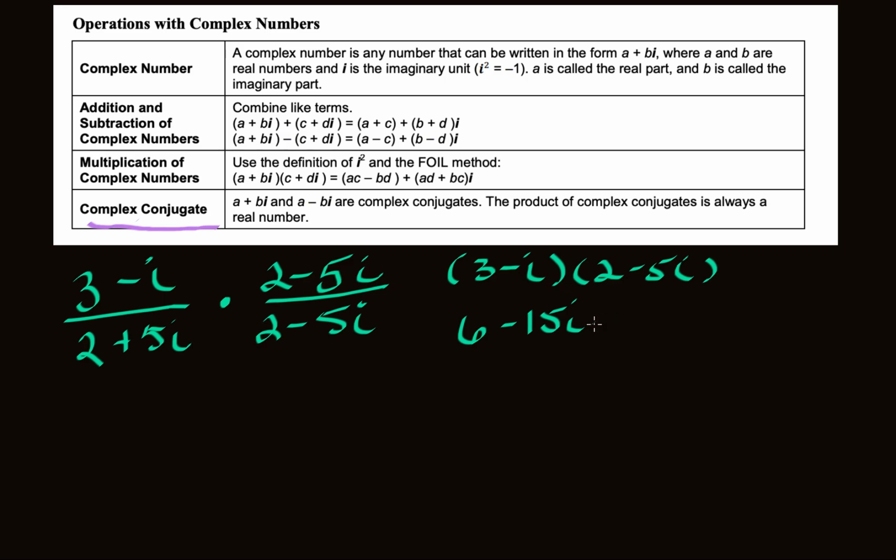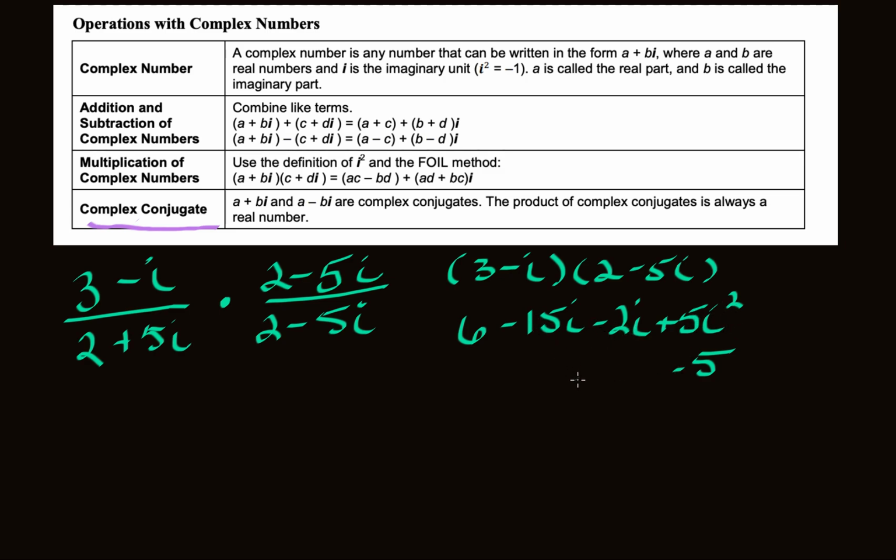Minus i times 2 is minus 2i. And then minus i times minus 5i is plus 5i squared, which is minus 5. Remember, i squared is negative 1, times 5 is minus 5.